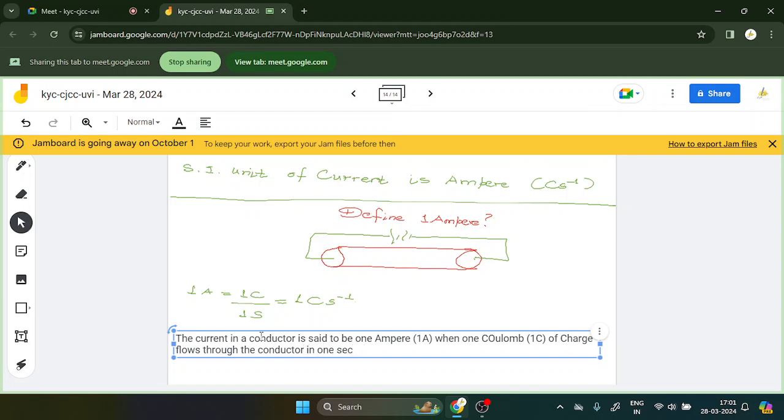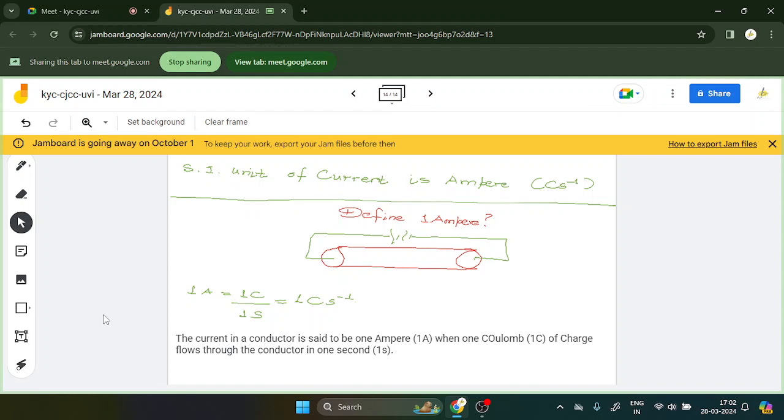Clear? Any problem? So this is the 1 ampere current. This is how you are going to define 1 ampere.